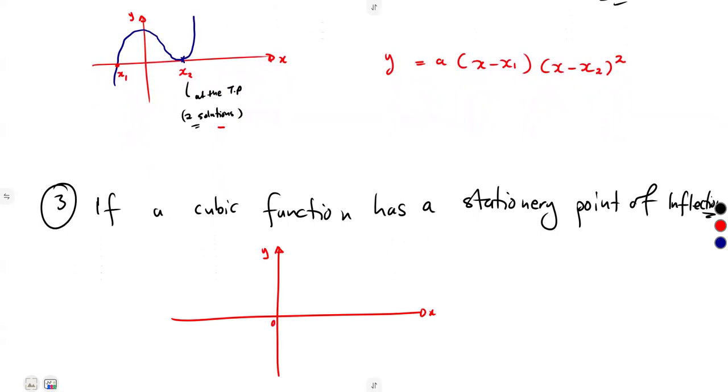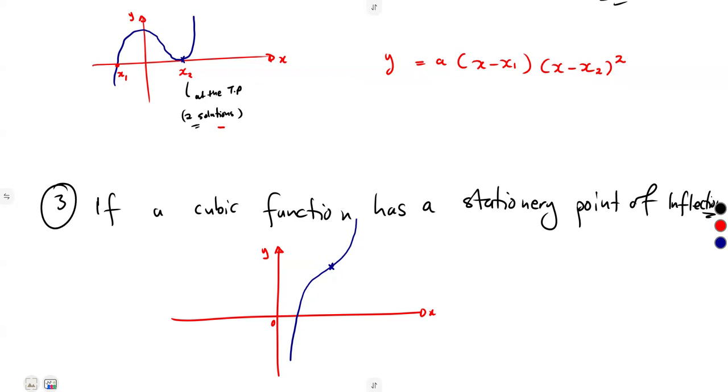Let's say just something like this, it curves back. And there is a point of inflection. At that point, it is actually representing the same as a turning point. It is also a turning point in actual sense. All right? So that is the condition.